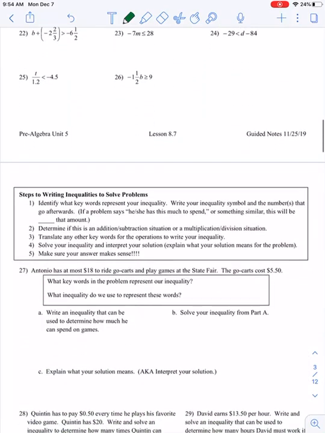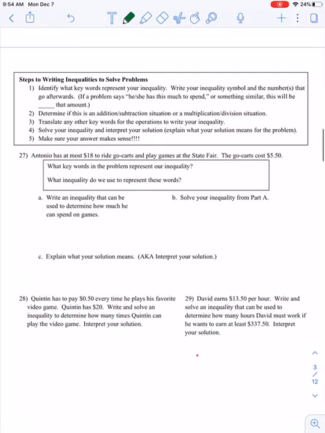Okay, let's do a word problem together. Number 27, Antonio has at most $18 to ride go-karts and play at the state fair. The go-karts cost $5.50. Write an inequality that can be used to determine how much he can spend on games. Okay, well the $5.50 is the go-karts plus the games, and he doesn't want to go over $18, so that has to be less than or equal to 18.